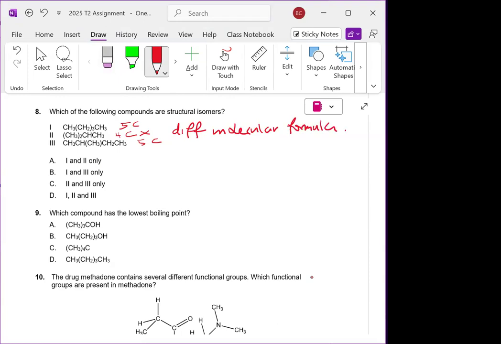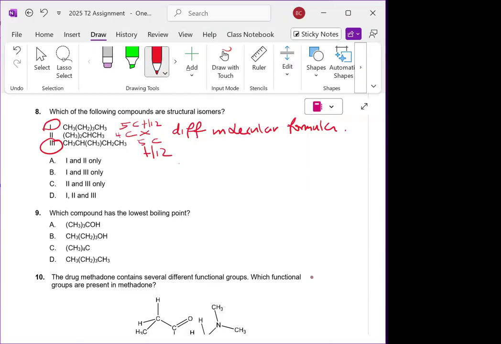So we will have these two. We just double check the number of H's. It'll be 5, 6 plus 6, 12, H12, and this is 3, 6, 9, 12, also H12. So same molecular formula for 1 and 3. They are structural isomers. They have different structures if you draw it out.